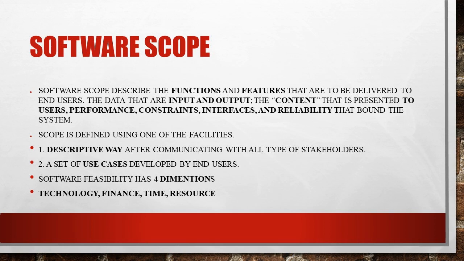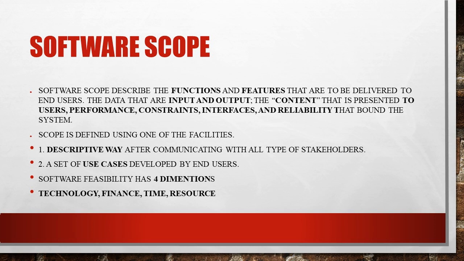Software scope describes the functions and features that are to be delivered to end users: the data that are input and output, the content that is presented to users, and the performance, constraints, interfaces, and reliability that bound the system.